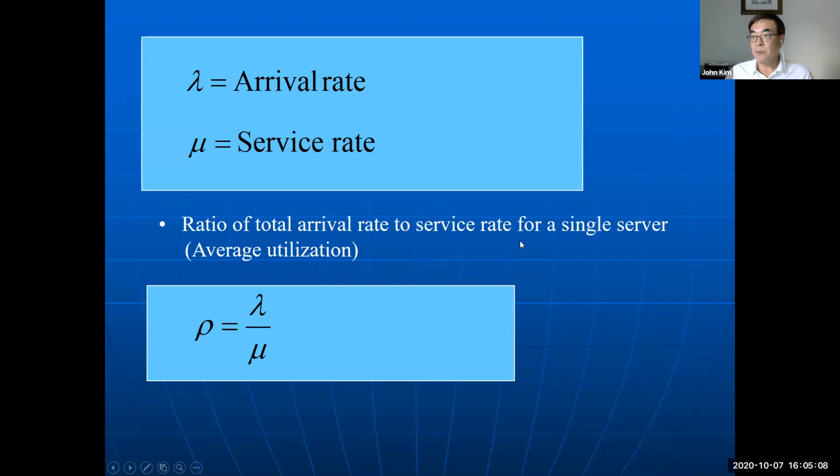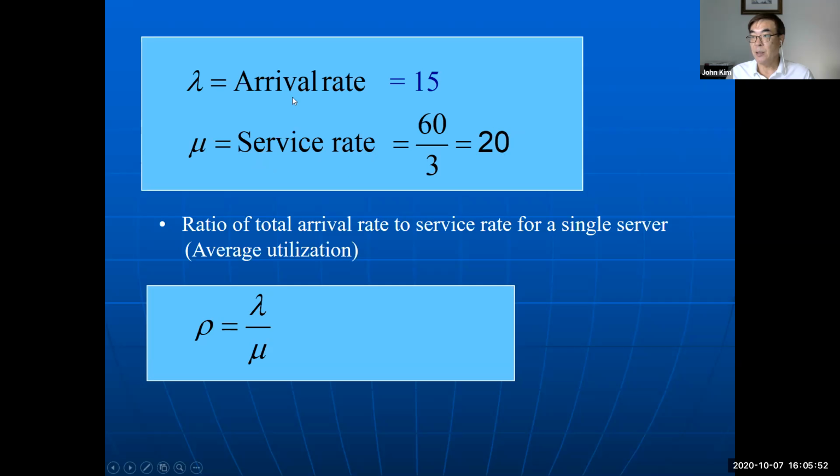We need arrival rate and service rate to solve such problems. Arrival rate is given, 15 per hour. Service rate is not given directly; instead we are given a time, 3 minutes. Since the time unit is hour, we need a little calculation. In an hour, how many customers can be served? 60 divided by 3 minutes equals 20.